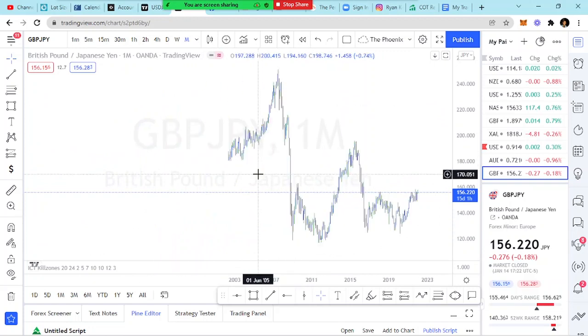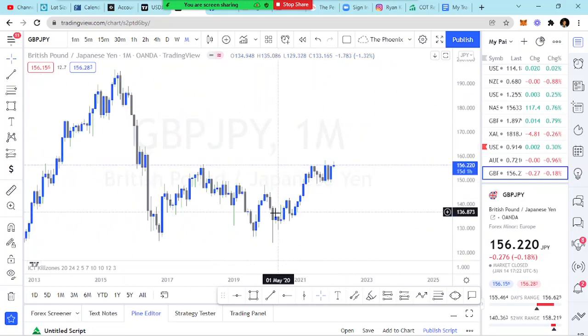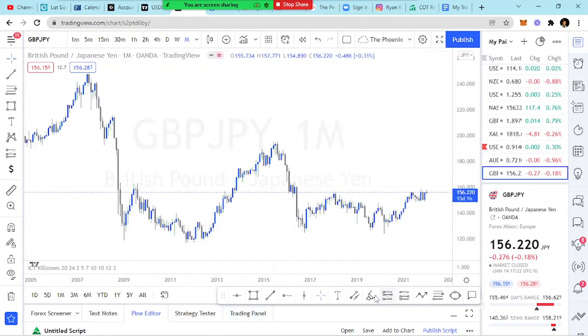All right, so from the visuals that we have here, by just looking at GBP JPY, we can see up, down, and we can see that we're heading back up just by looking at what we see in terms of structure.